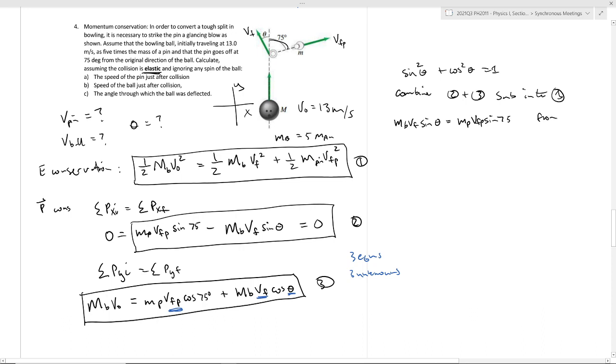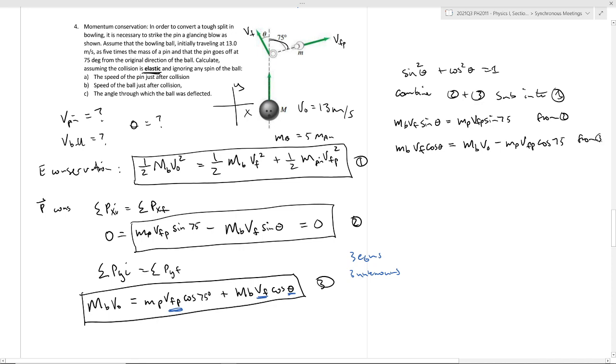From 3, mb v final cosine theta is equal to mb v naught minus mp vfp cosine 75.